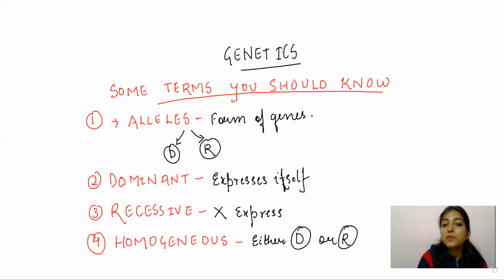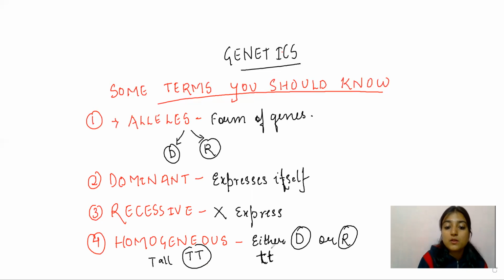Only one should be there. Let us take the example of a tall plant and a dwarf plant.